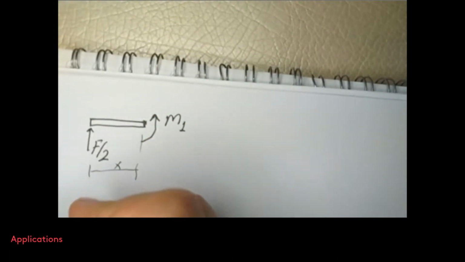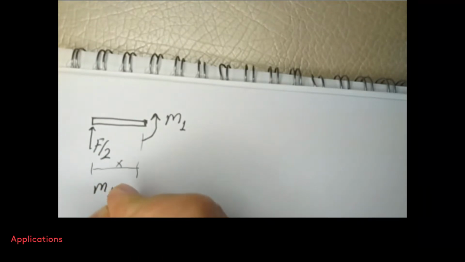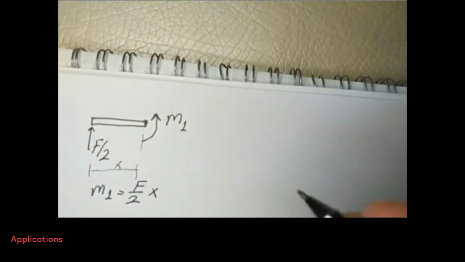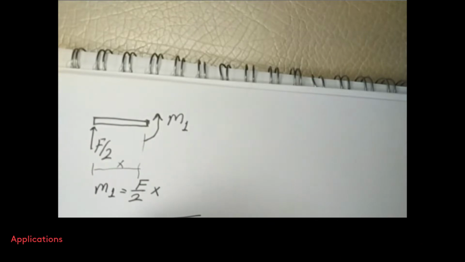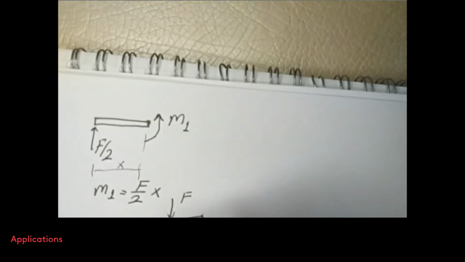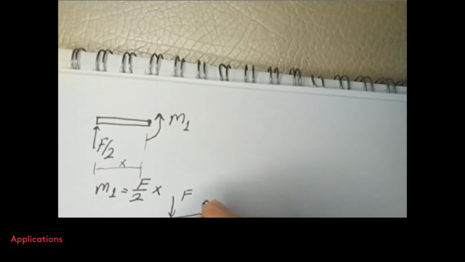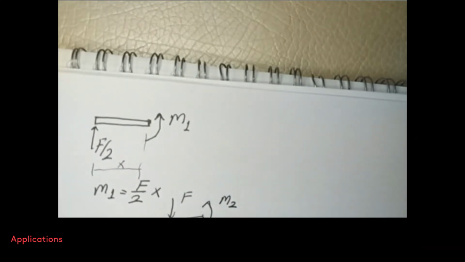Now I will make the second cut. So this is F divided by 2. This is F. This distance is L over 2, and this is X, and this is M2. Now M2 is equal to F divided by 2 multiplied by X, this distance.